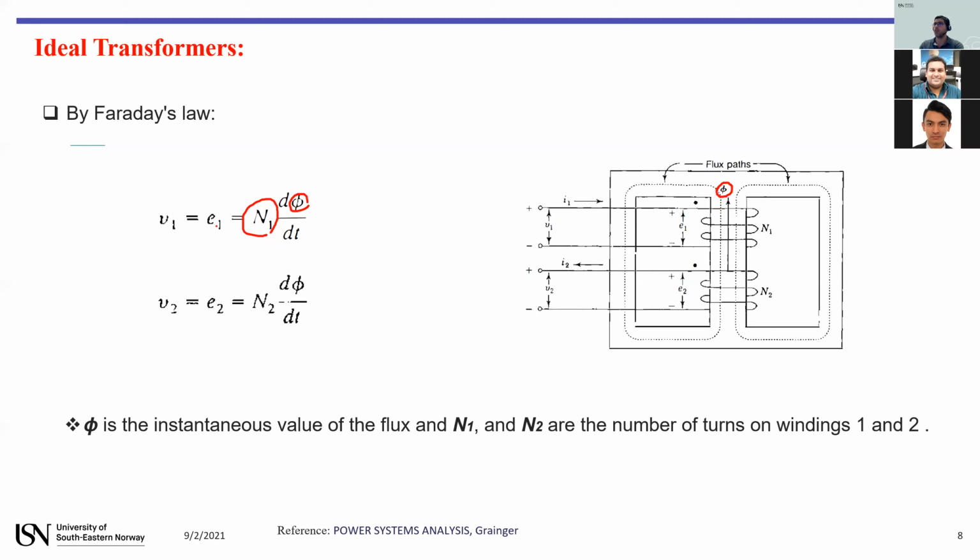So the induced voltage is proportional to N1, number of turns, and the derivative of phi.